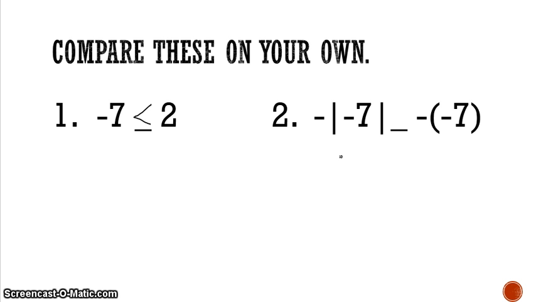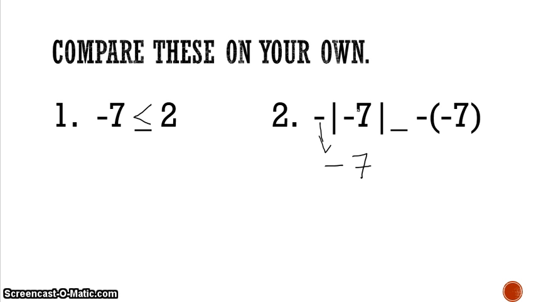For this one, I have to deal with this mess right here first. So the opposite of the absolute value of -7. The absolute value of -7, remember, absolute value is distance to 0. So it will just be 7 because distance cannot be negative. And I'm just going to bring this negative sign down so I get the opposite of 7.